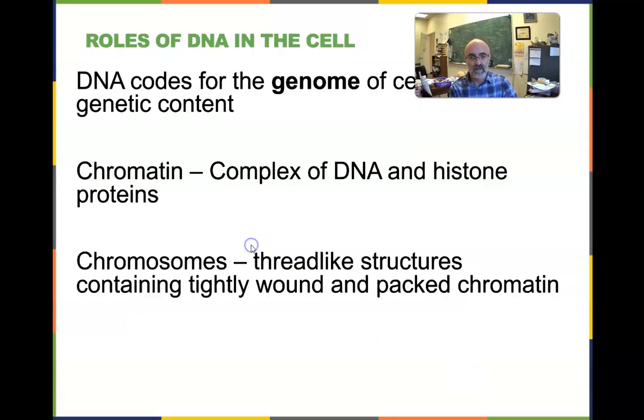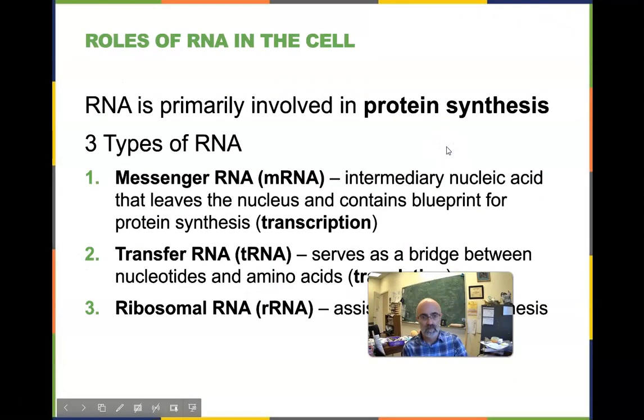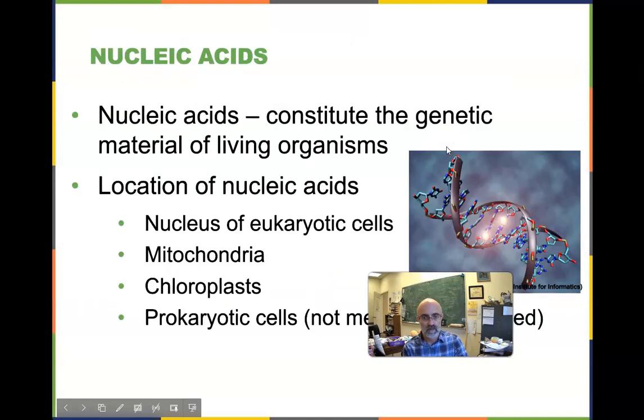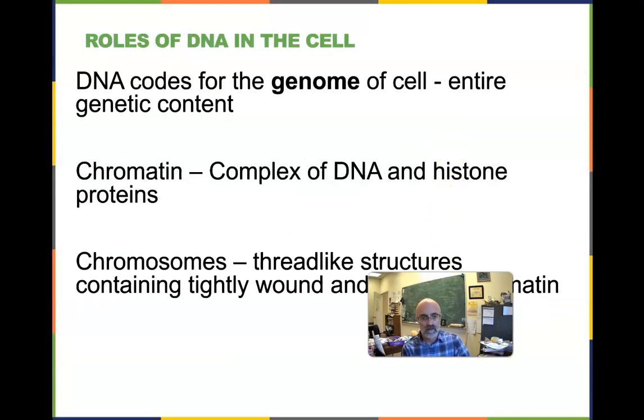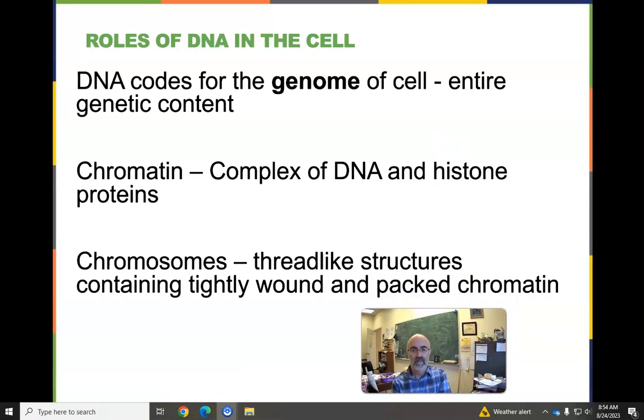Okay, types of nucleic acids. The biggest one is DNA. When we talk about the genome, that is all of the genetic content, all of the genetic information in your cells.